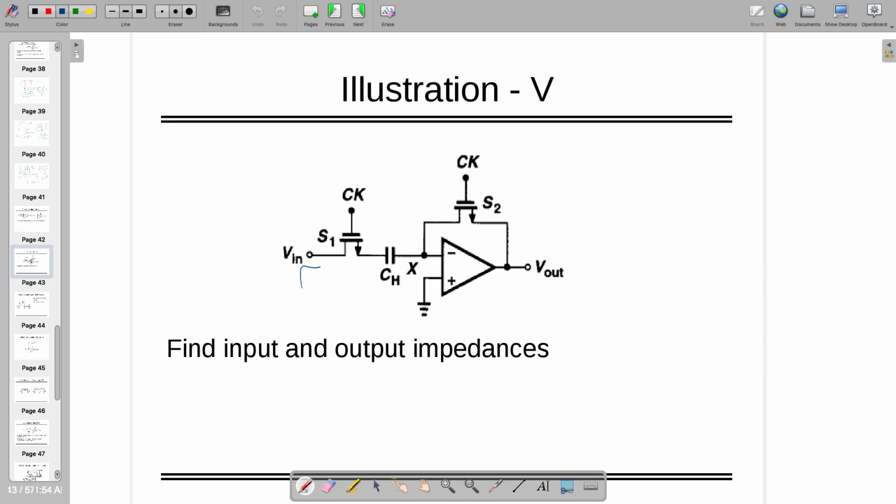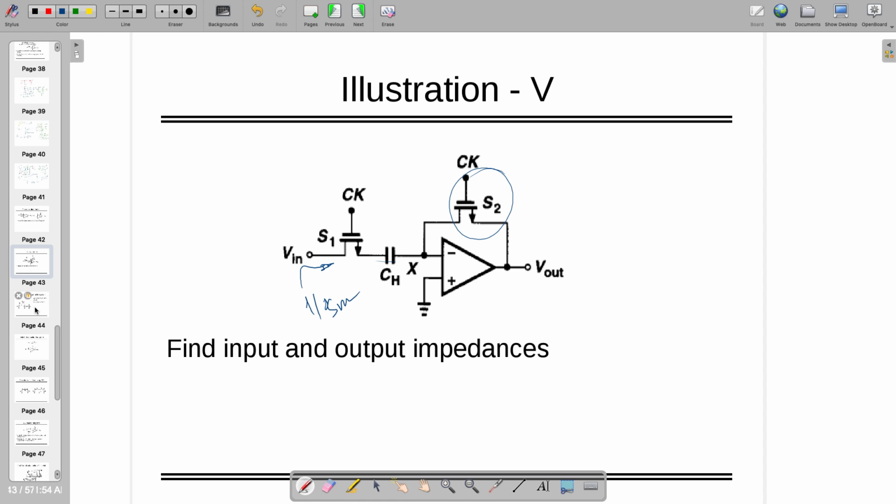What do I think? When the switch is on, you're going to see 1 by gm, right? Yes or no? Whether you are looking from the drain side or the source side, if it is this kind of structure, you are going to see 1 by gm, right? And this side also you can see that, right?